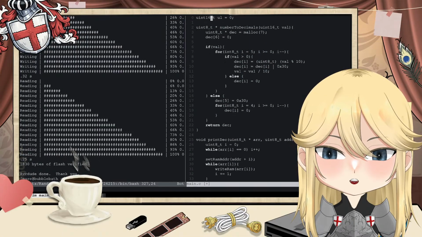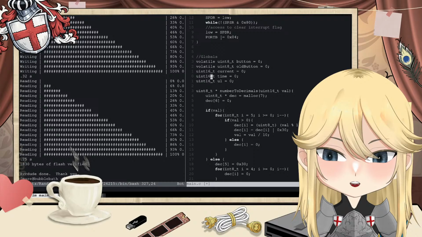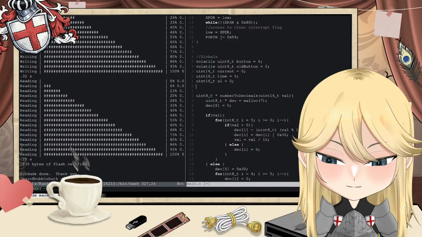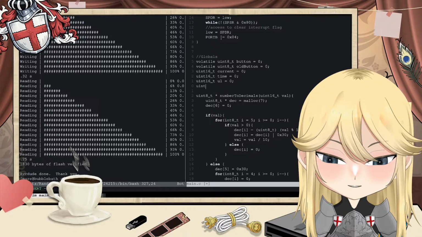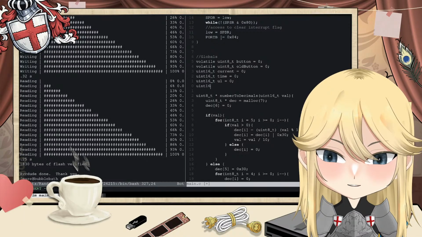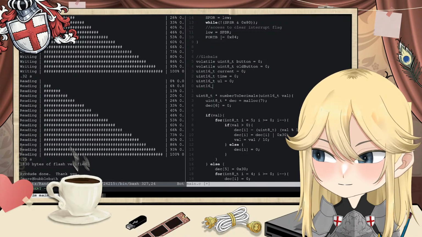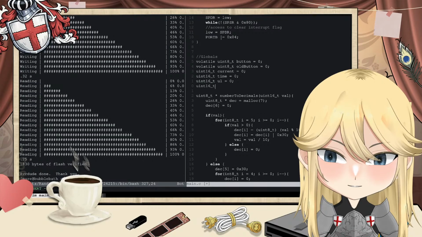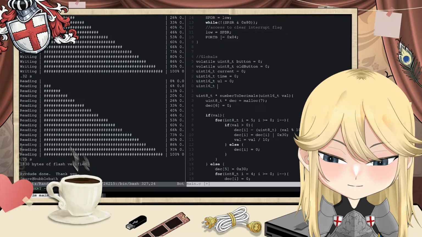Where are my globals? I want to set the ADC value over here. U and 16 because we have 12-bit. That's a lot of resolution actually. UL.